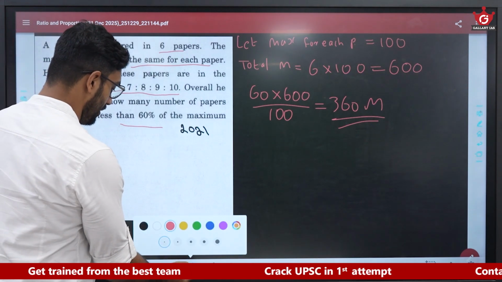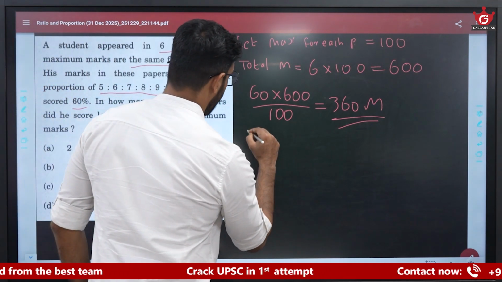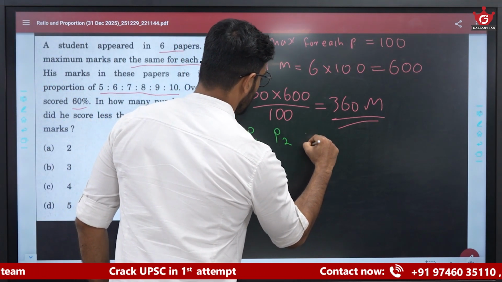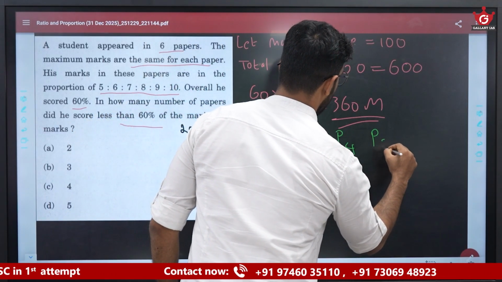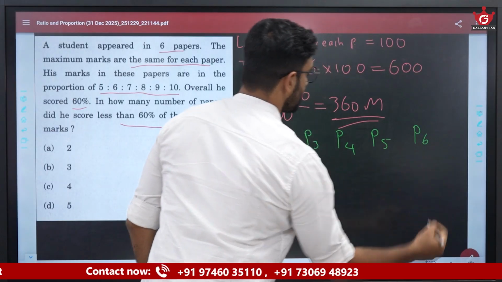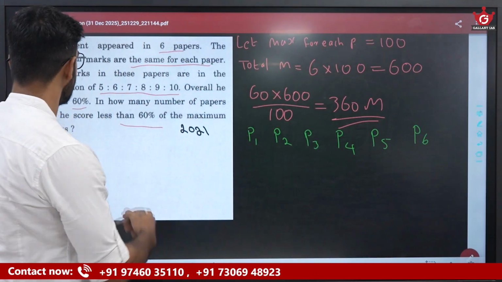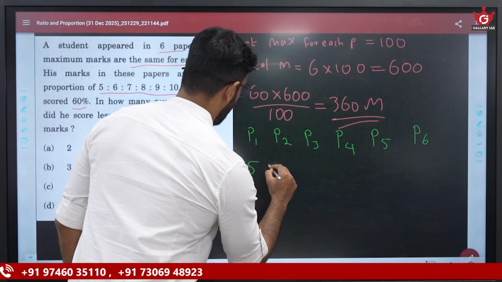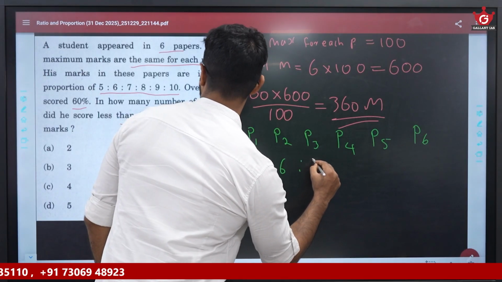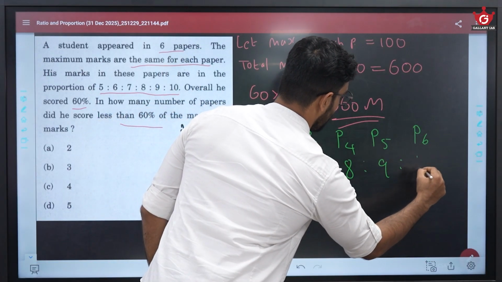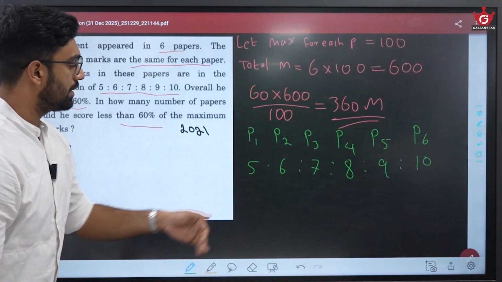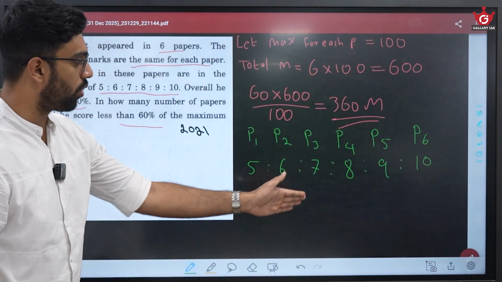Let P1, P2, P3, P4, P5 and P6 be the different papers. They scored in the ratio 5:6:7:8:9:10.